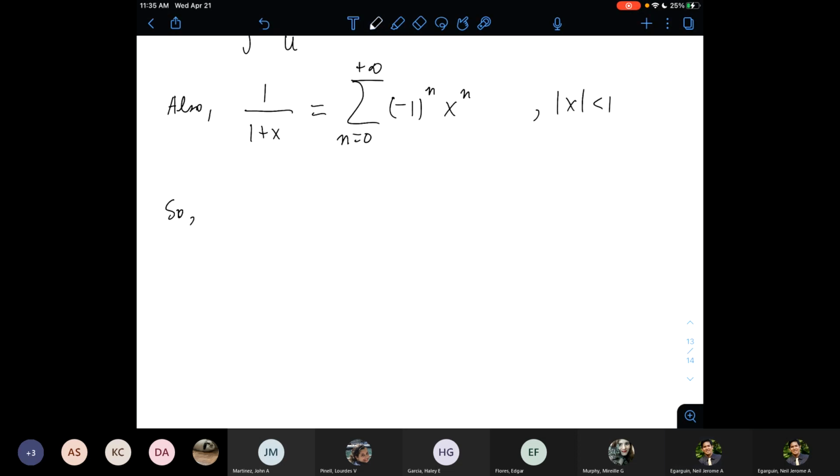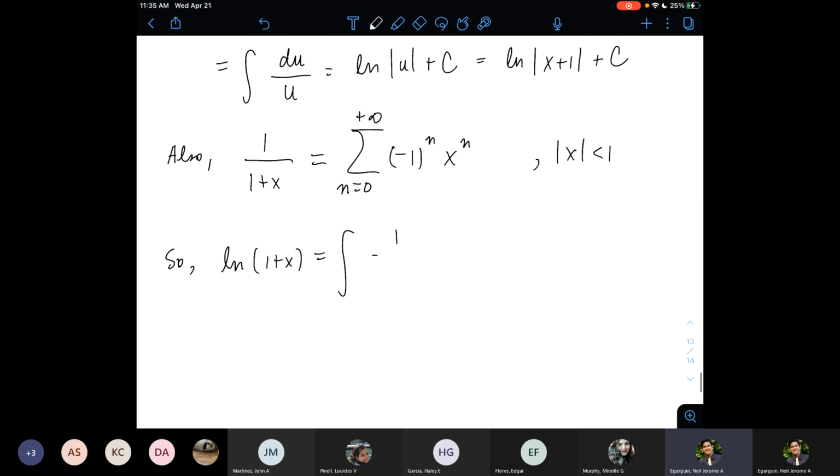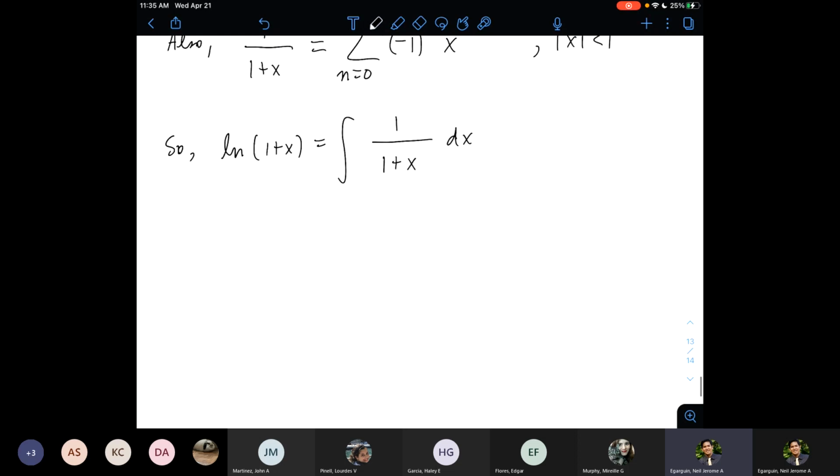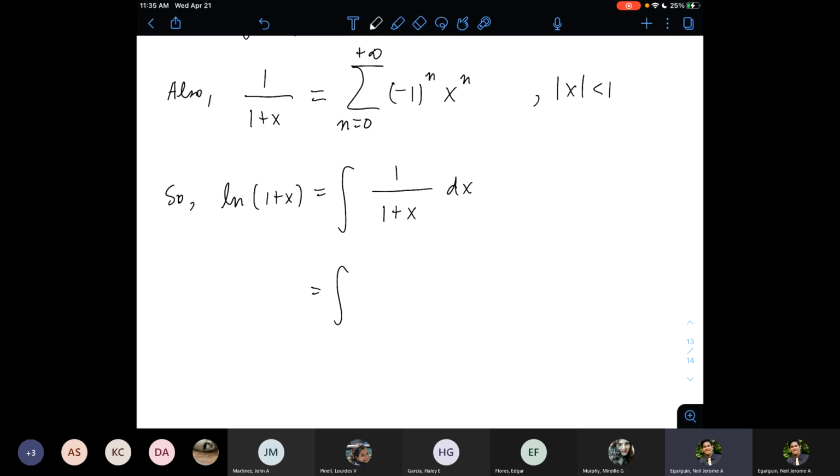So let's summarize what we know. We found out that the ln of 1 plus x is the integral of 1 over 1 plus x dx, right? But we know the series expansion of 1 over 1 plus x, so we can write it as the sum of negative 1 to the power n, x to the n, going from 0 to infinity, times dx.